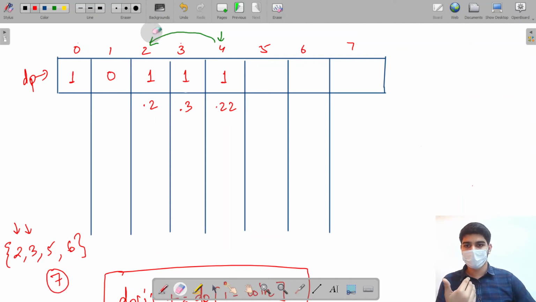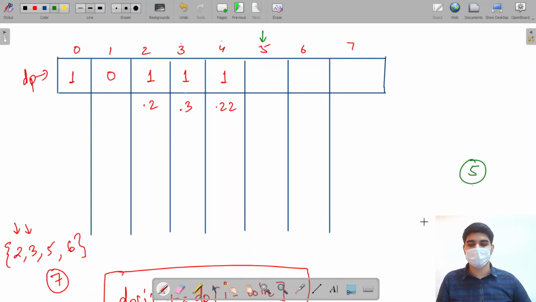If you move forward in our DP array, at index 5, my source becomes 5 now. 5 can call for 2 as well as 3 as well as 5.